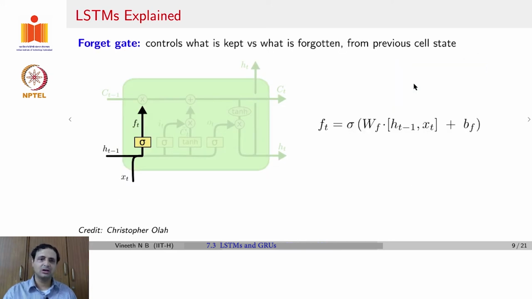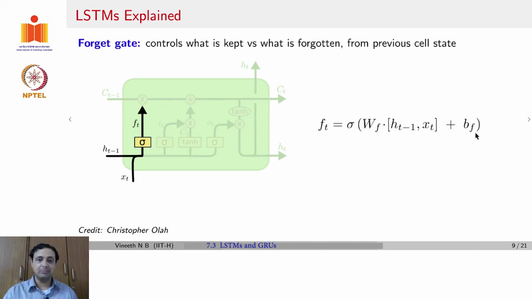Now let's talk about the forget gate to start with. The forget gate, which is one of the layers inside the LSTM block, takes input xt, takes input ht minus 1, very similar to the RNN block that we saw so far. Then it has a set of learnable weights, WF. Those WFs are learned while training.